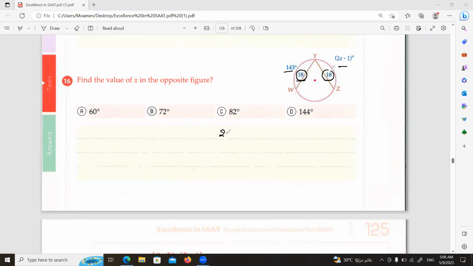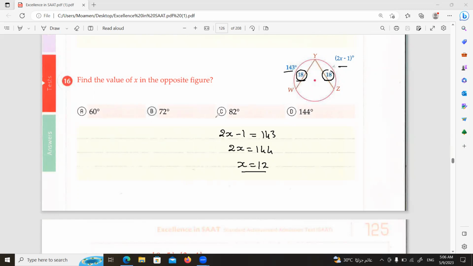So the first arc is 2x minus 1 and the second arc is 134 plus 1, plus 1, so 2x equals 144. Divide by 2, so x equals 12. I need to find the value of x here.